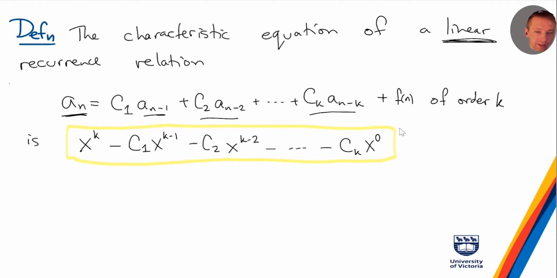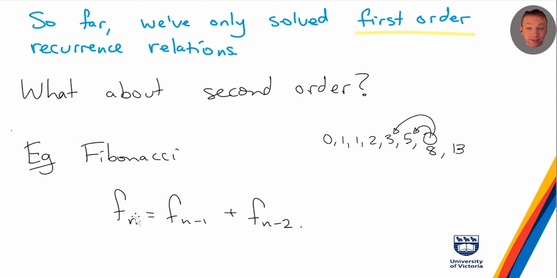And we say that it has order k if the constant c_k is not 0. So that's what order k means: a_n depends on the k previous terms. So second order is like Fibonacci. F_n depends on the two previous terms, so it's second order.